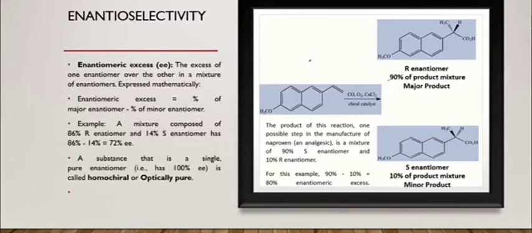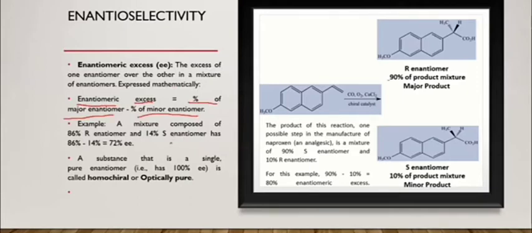Enantiomeric excess is a factor that helps us identify the percentage of one enantiomer over the other. The excess of one enantiomer over the other in a mixture of enantiomers is expressed mathematically as enantiomeric excess equals percentage major enantiomer minus percentage minor enantiomer.